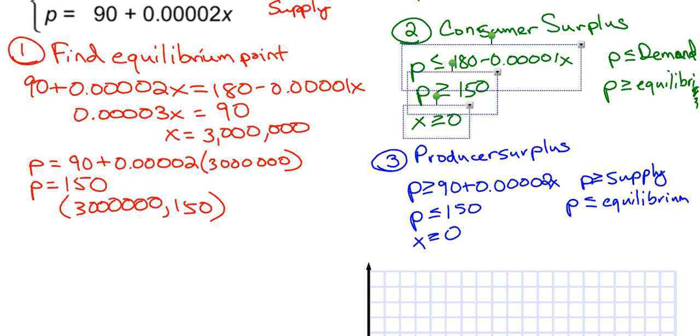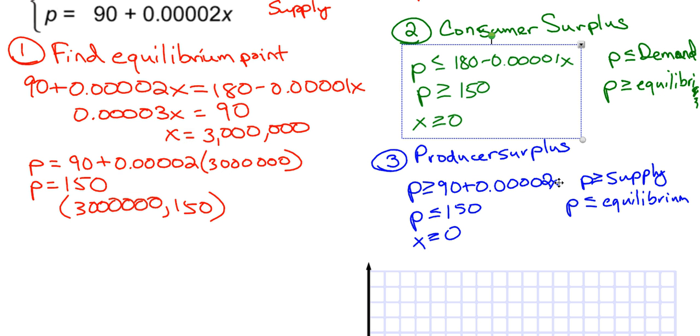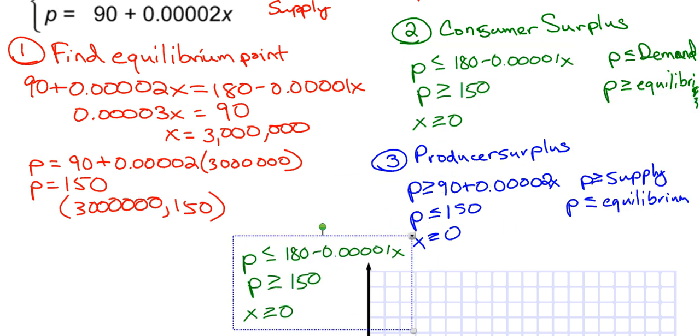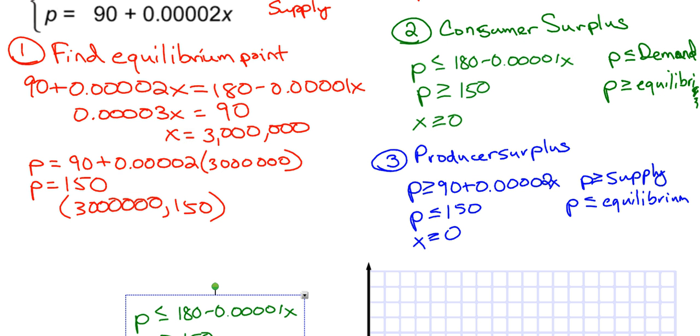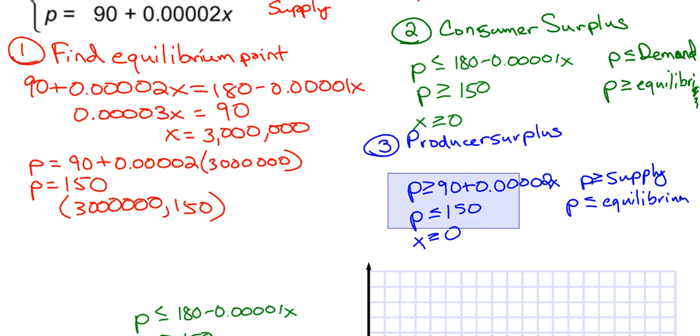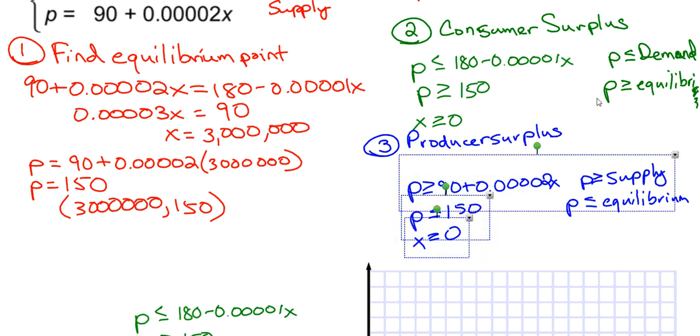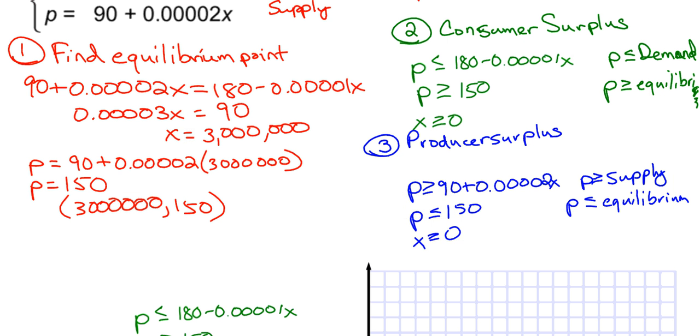Yeah, and I'll group them and clone them. And then I'll bring it down there so I can see it. And I'll do the same thing with this one. These three. Missed one of them. Okay.